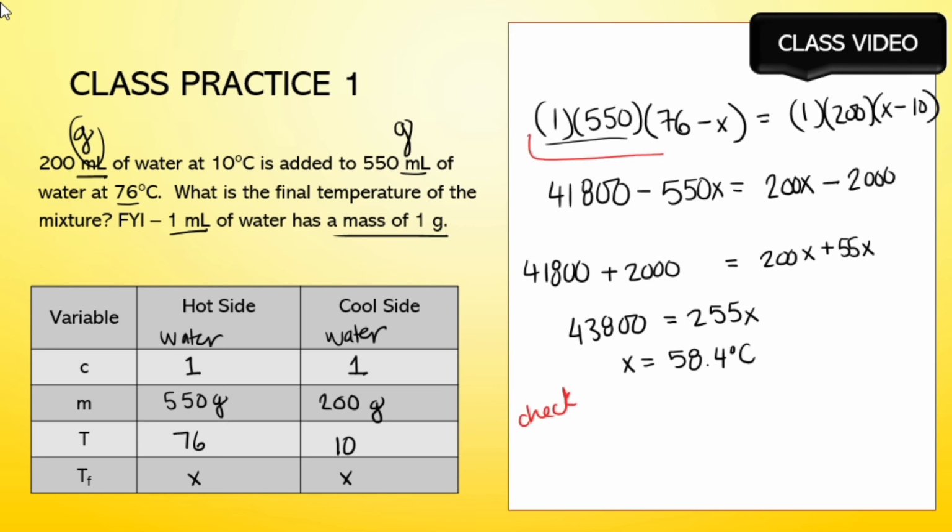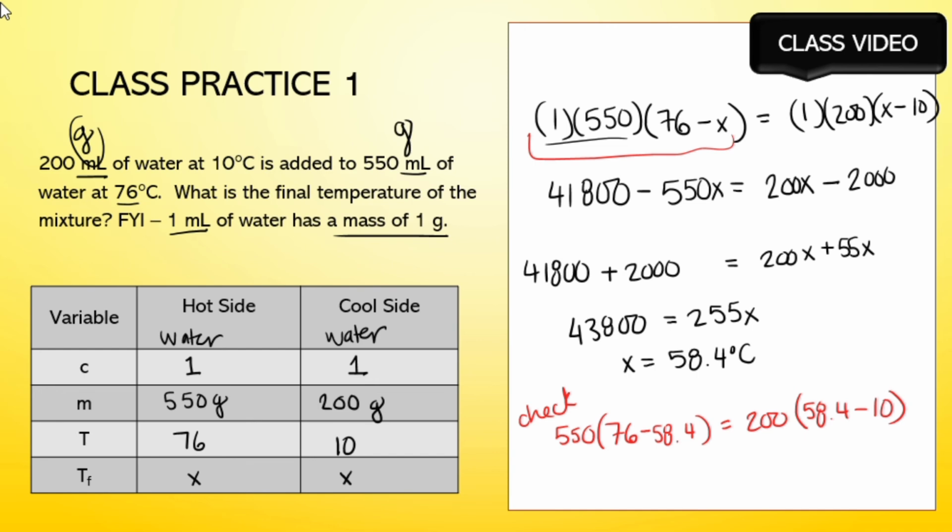So taking that left side, is 550 multiplied by 76 minus 58.4 the same as 200 multiplied by 58.4 minus 10?